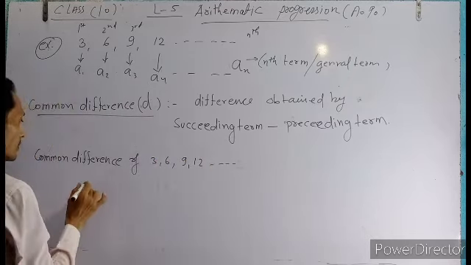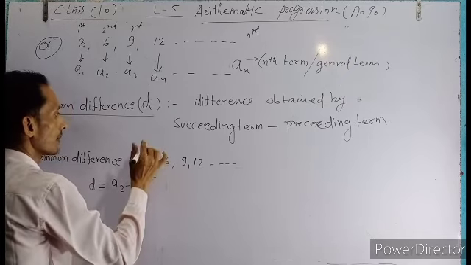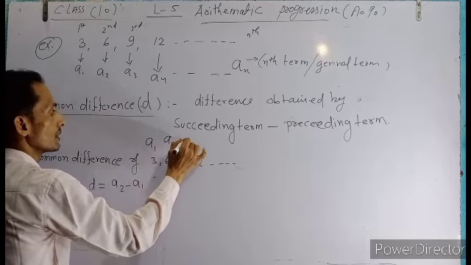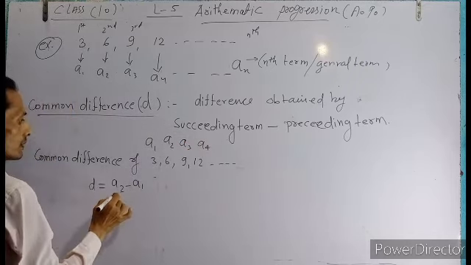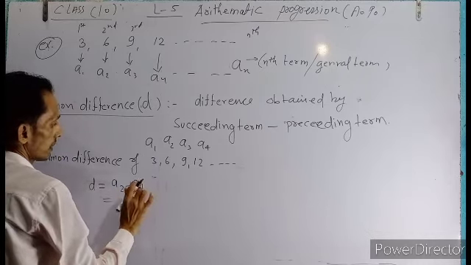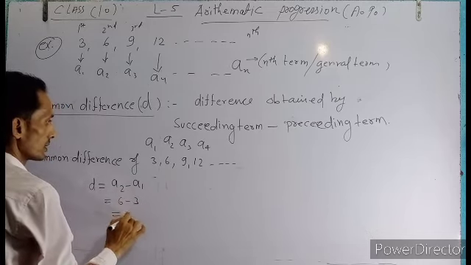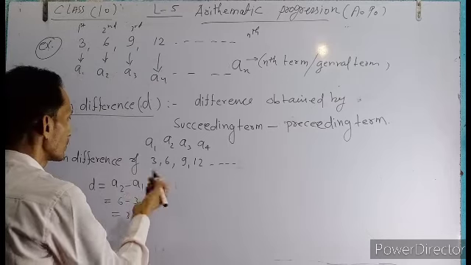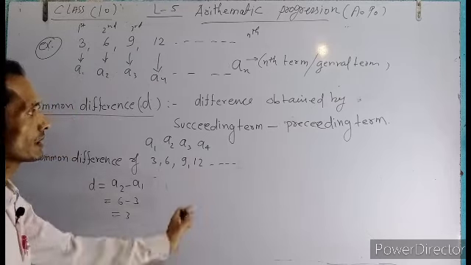D equals A2 minus A1. That is A1, that is A2, that is A3, that is A4. So A2 minus A1 is 6 minus 3, that is 3. You can take any succeeding and preceding terms.